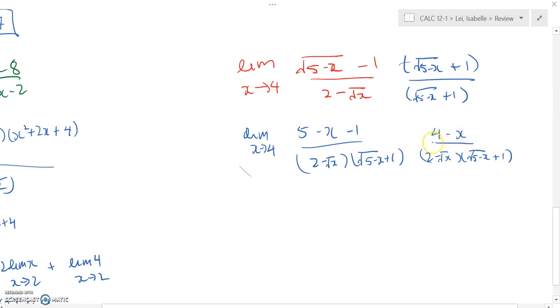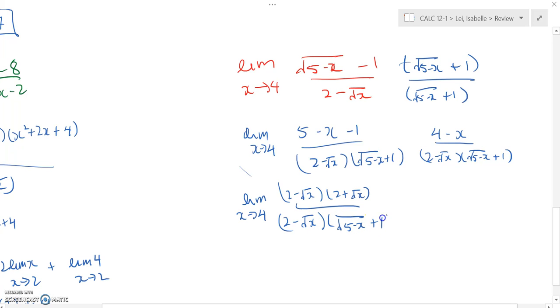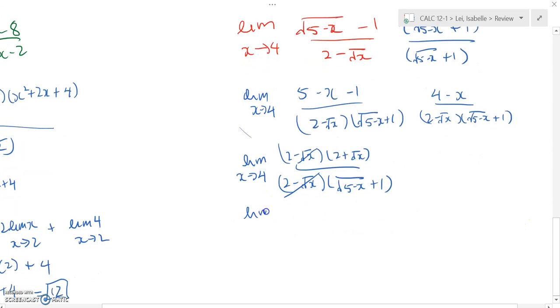This is technically a difference of squares, so we can rewrite that as the limit as x approaches 4 of 2 minus root x times 2 plus root x over 2 minus root x times root 5 minus x plus 1. So then now we can cancel this out, which gets rid of our restriction. So then we can plug in for x.